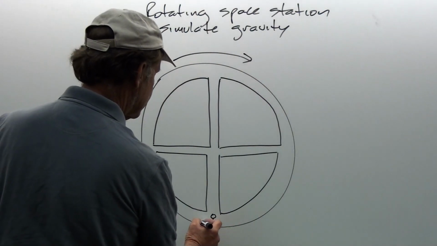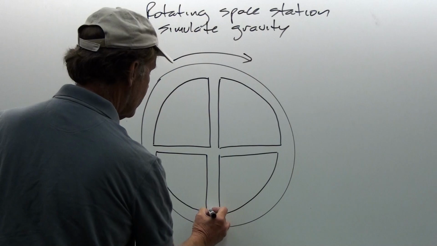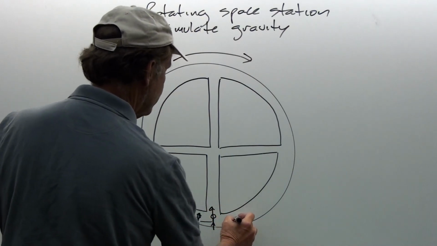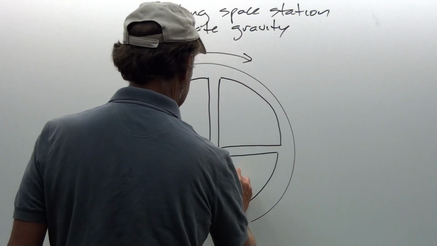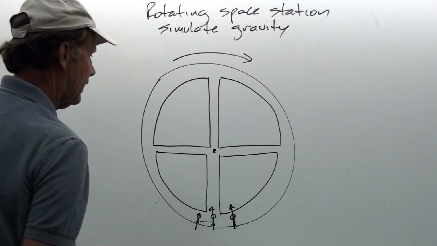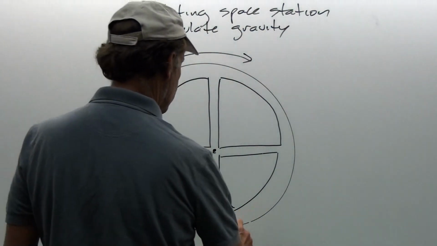And so what that's going to do is cause the floor to push up on us with a normal force. And so that normal force at each point along the path is going to point toward the center of this rotating space station. And so that's your normal force.